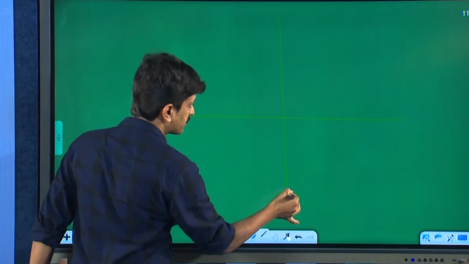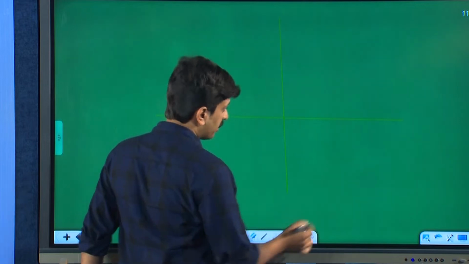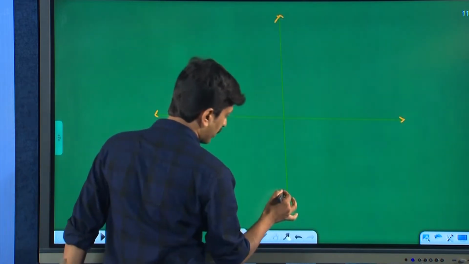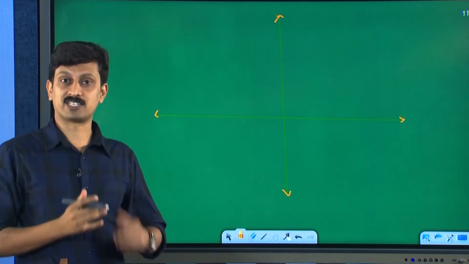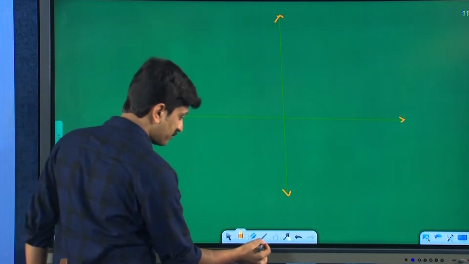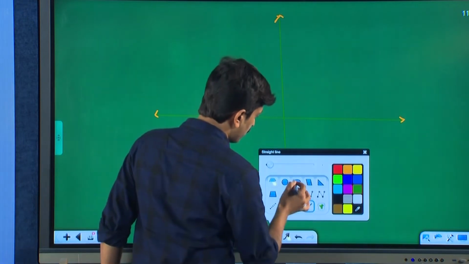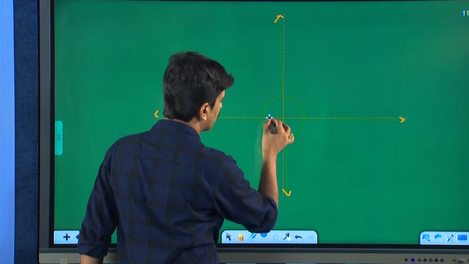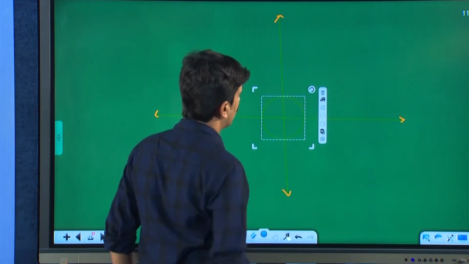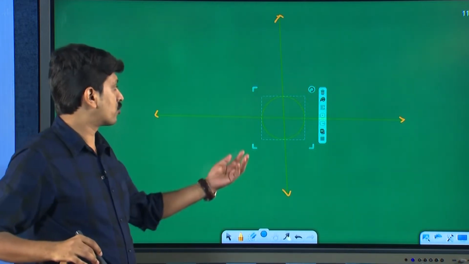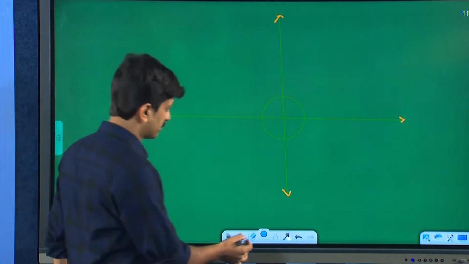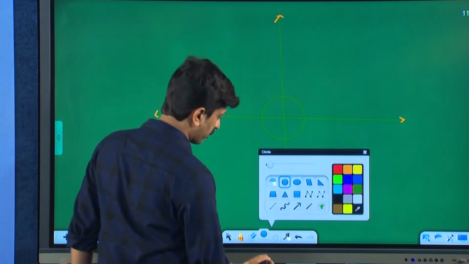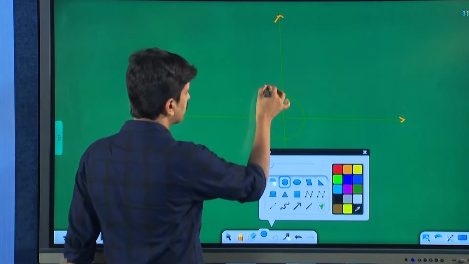We have the x axis as well as the y axis here, and you can draw the circle with the arbitrary constant. This is a circle which is centered at origin, and we can have many circles, the concentric circles. We may have many concentric circles like this.